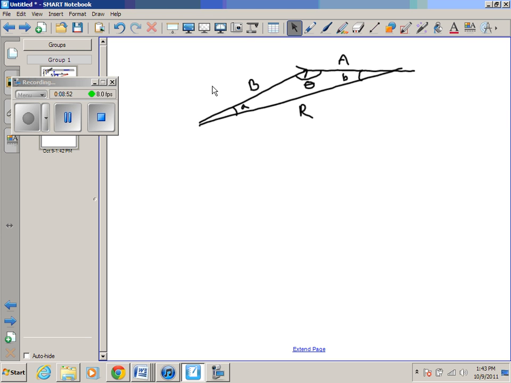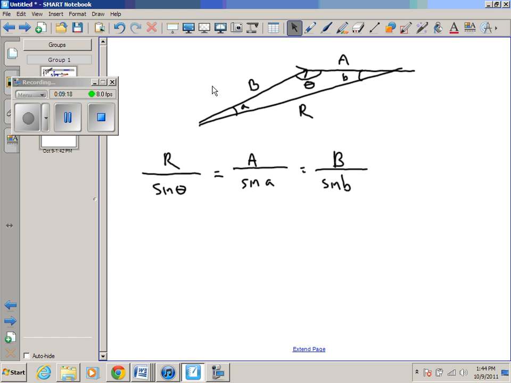Now what the law of sines tells us is that r, the length of that side, divided by the sine of the angle theta, is going to be equal to side length A divided by the sine of angle little a, which is equal to side length B divided by the sine of little b.